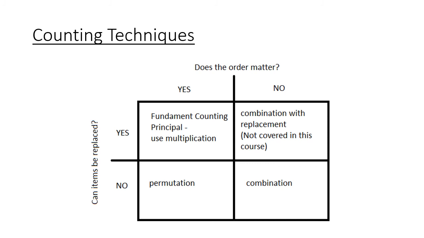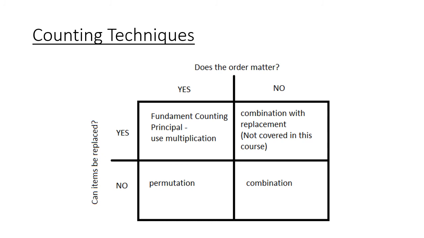And multiplication includes those exponents and factorials. However, if the order matters, but the items cannot be replaced, this is a permutation. So if the order in which the items occur matters, but they cannot be replaced, that's a permutation. And if the order does not matter, they can be in any order whatsoever, and the items cannot be replaced, that is a combination.